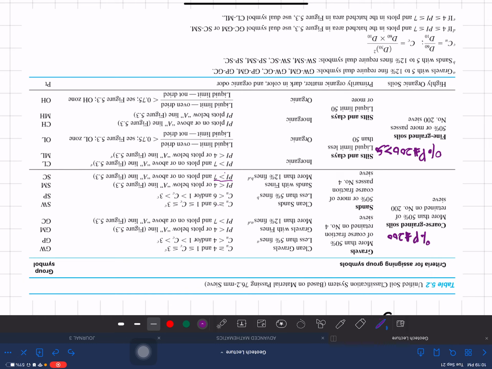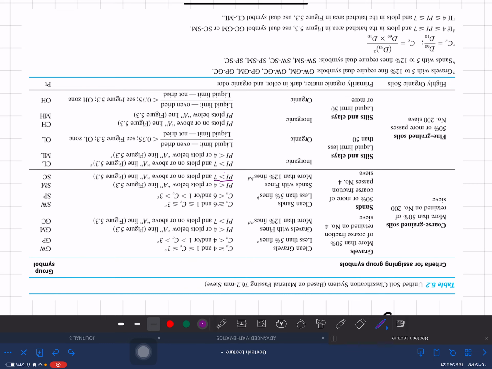Next, after you identify the liquid limit, as well as the number 4 sieve in the case of the upper part, since what is checked in the lower part is the liquid limit, you have to compute for the CU and the CC.